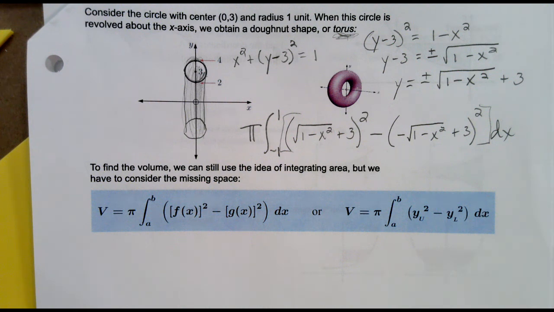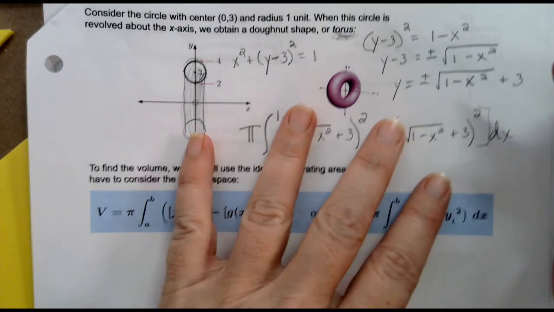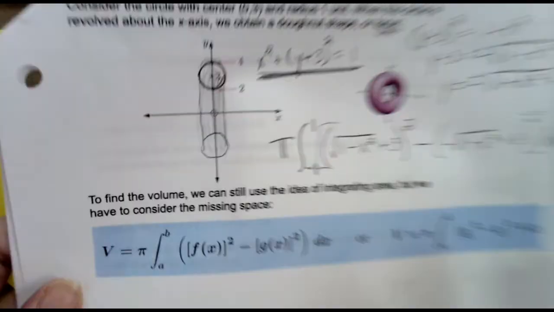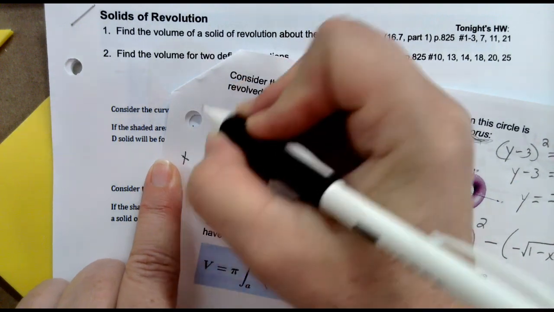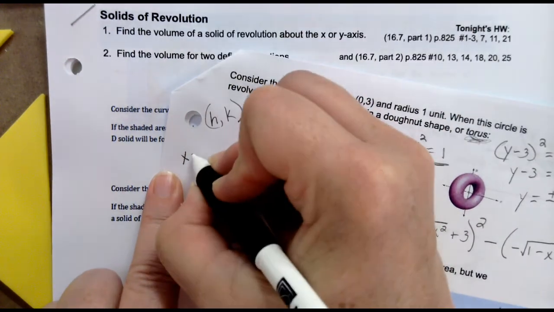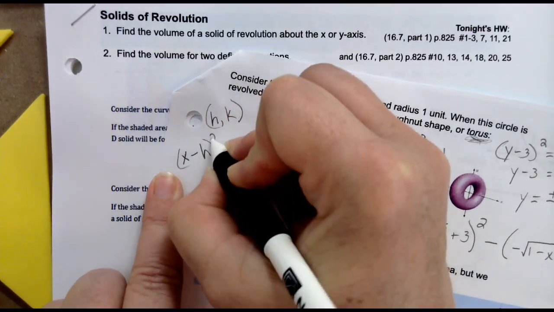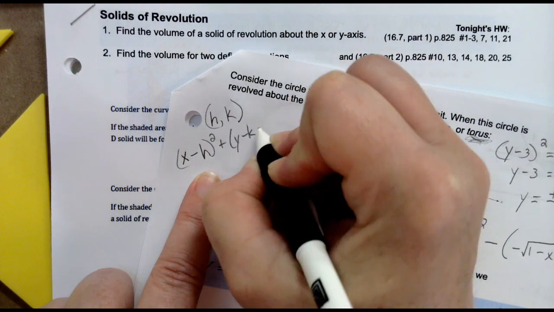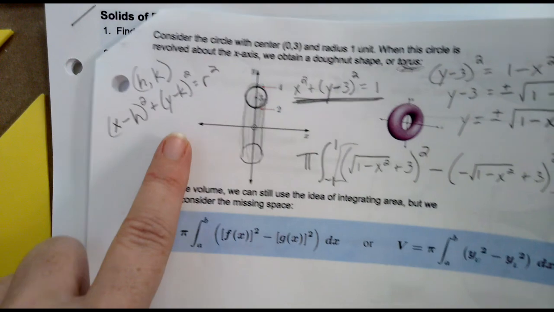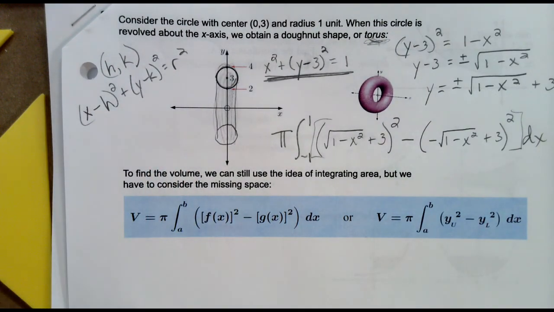That is just the equation. By the way, you guys, are y'all listening? This right here, I got from doing, let's say the center is (h, k), then it is x minus h squared plus y minus k squared equals r squared. That is the equation of a circle.